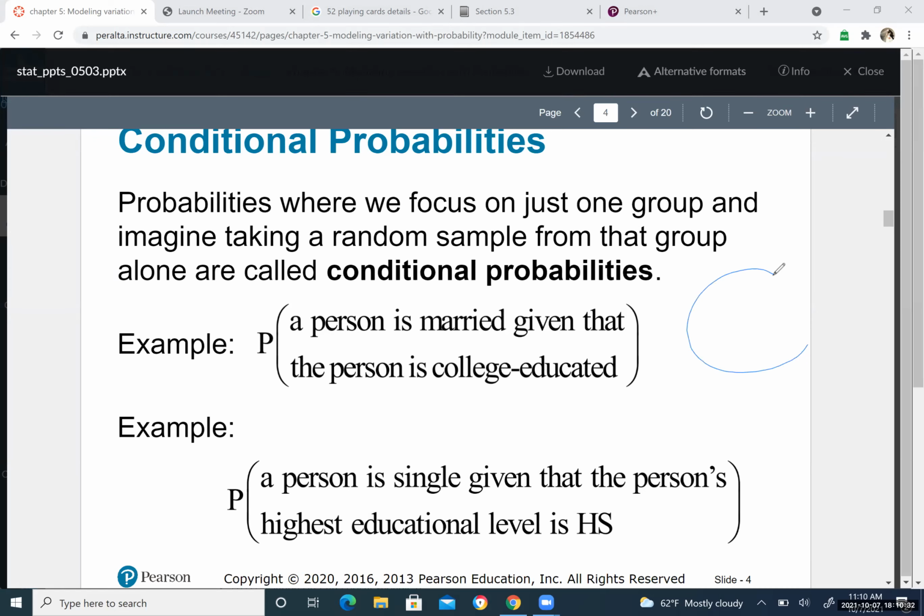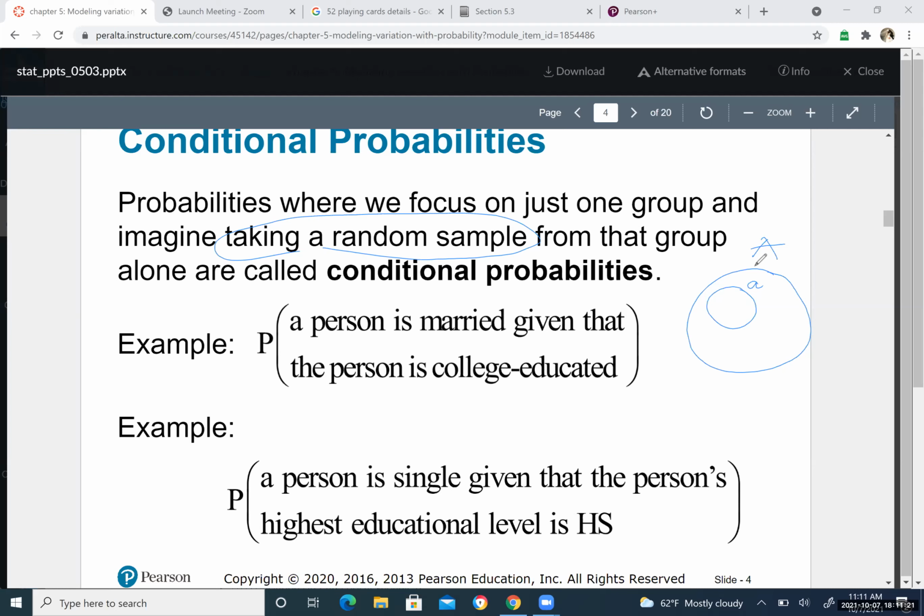You focus on one big group, and you imagine you're taking a random sample from that bigger group. Let's say the big group is group A, and this small group is small a, from the big group A. We call this conditional probability: they give you a big group, capital A, and then you find the probability between these two groups, small a and big A. That's what it means.